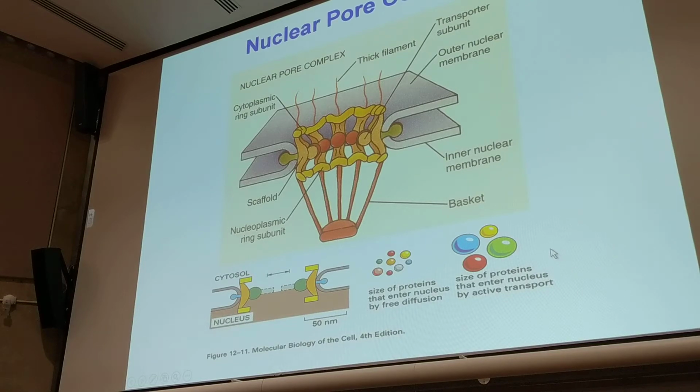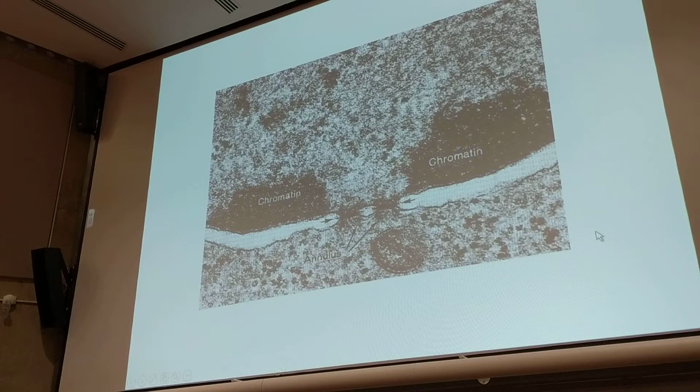It requires being seen by a different set of proteins termed chaperones, etc. And of course, energy, degradation of ATP. So we have an electron micrograph of the nucleus here with the nuclear pore, with the annulus, and with the densely packed chromatin or heterochromatin. So this is the structure of the nuclear pore.